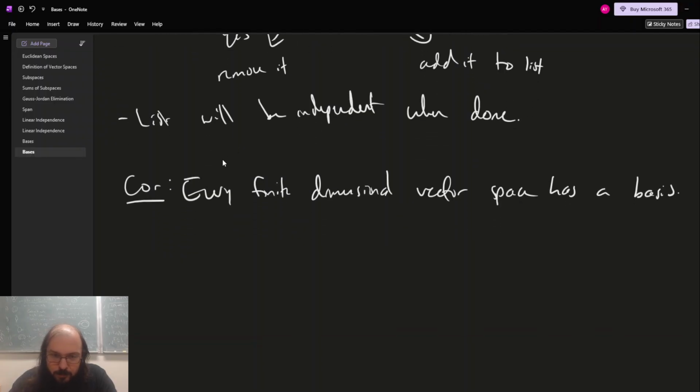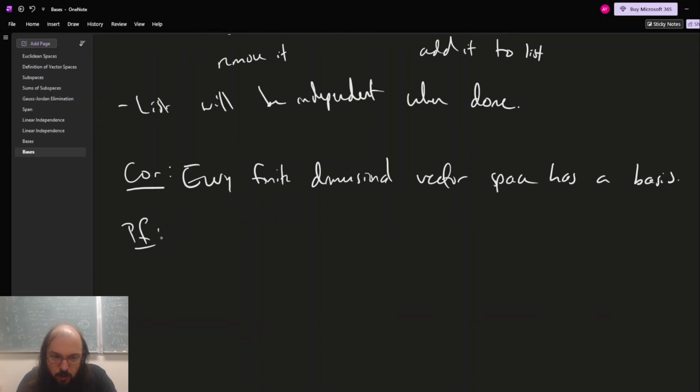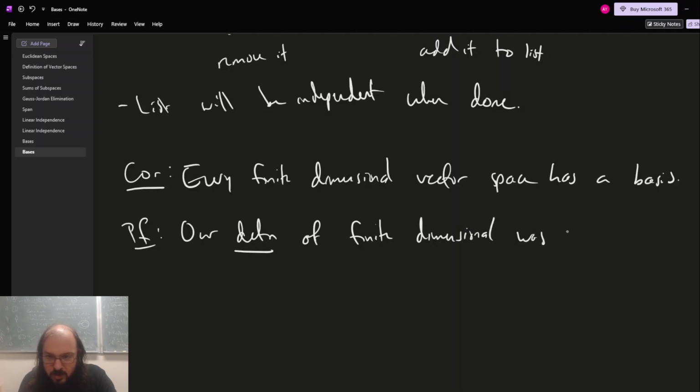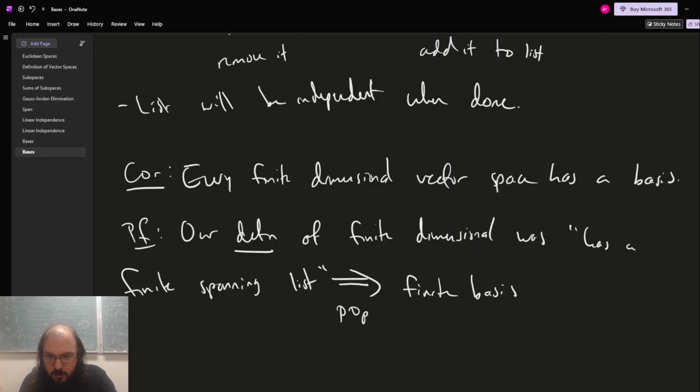And the proof of this is basically now trivial because our definition of finite dimensional has a finite spanning list. And so you know that something is finite dimensional because you already have this list. Then you apply the proposition to reduce it to a finite basis, and therefore you know the basis explicitly.